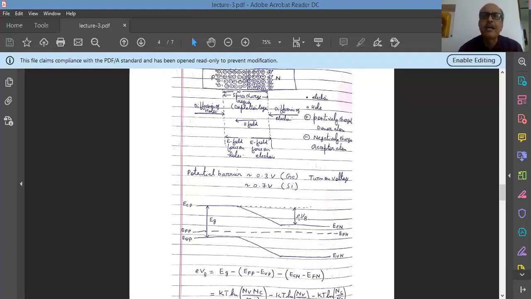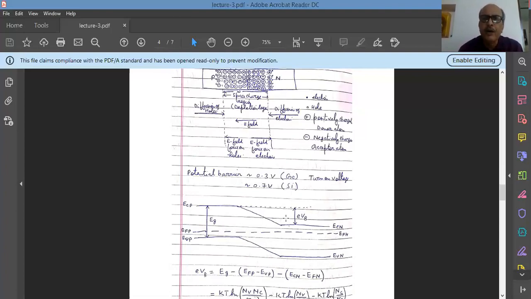If they want to cross over or switch over to P side, they need an energy equal to E into V_BB. This is the energy that is required for them to surmount the barrier. So that means unless we supplement something to this barrier, the flow of electron and hole in the semiconductor is not possible.